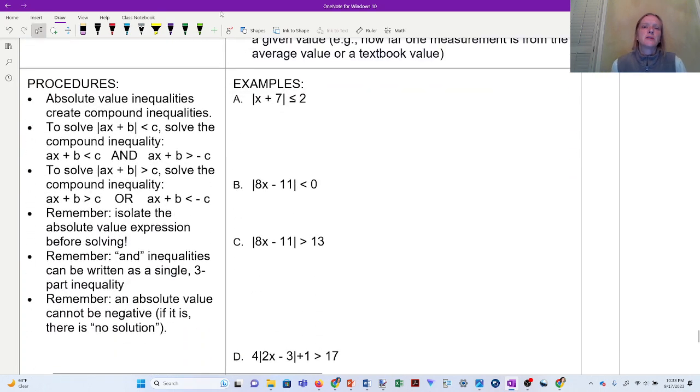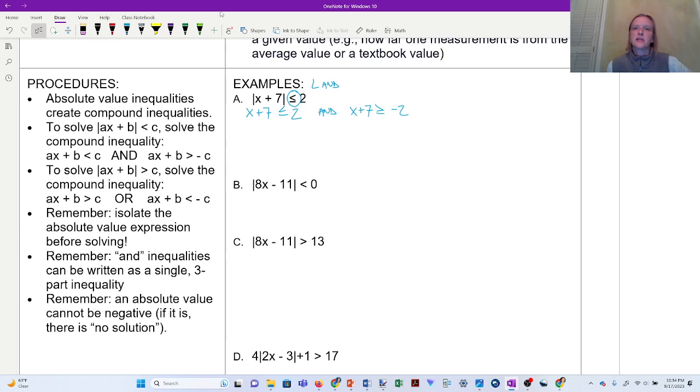The absolute value of x plus 7 is less than or equal to 2. Because this is a less than symbol, we're going to make this an and compound inequality. So I'm going to write down x plus 7 is less than or equal to 2, and I'm going to write down x plus 7 is greater than or equal to negative 2.